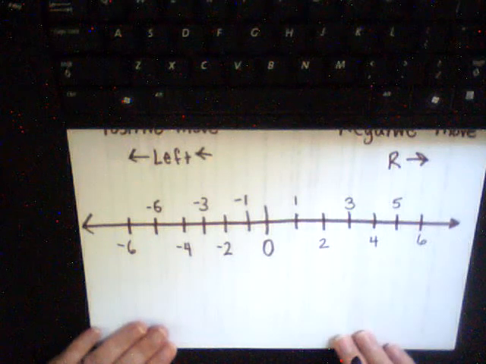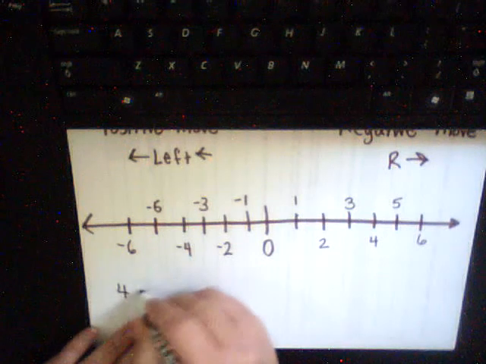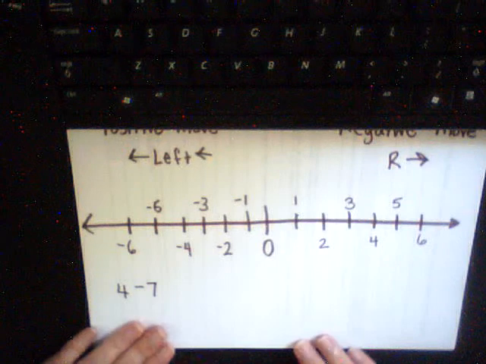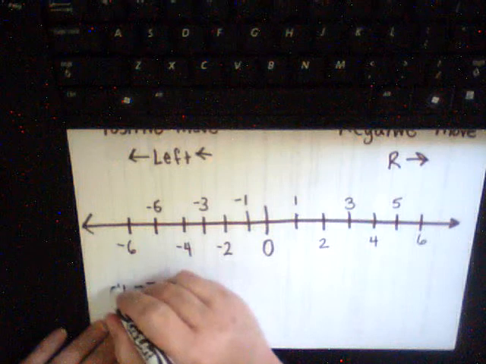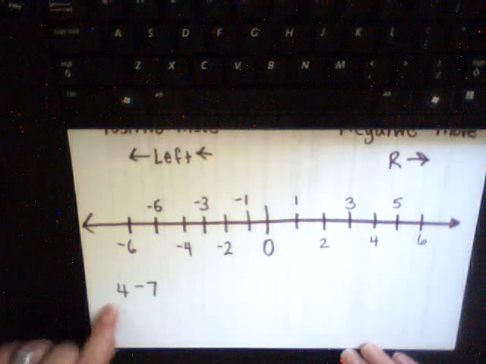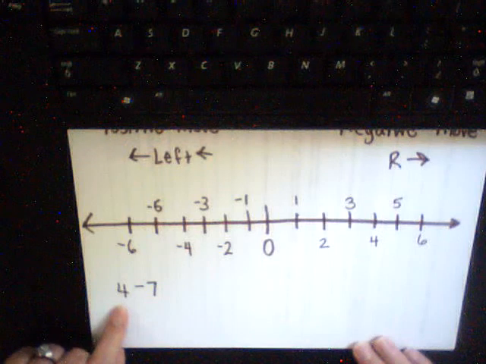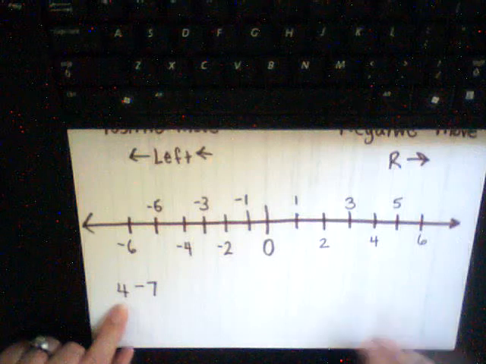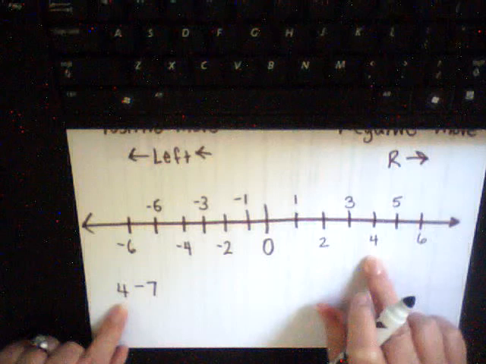Okay, our first equation is going to be 4 minus 7. The first thing that you need to look for is the value of the number. Is it positive or is it negative? Both of these numbers have a positive value. So we're going to start on the positive side, on the number 4.